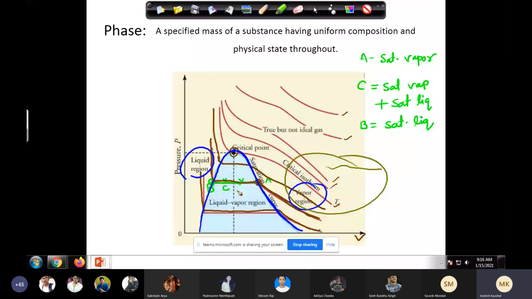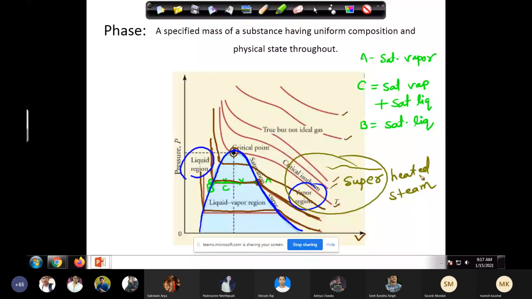Once you cross this saturated vapor point, and you further increase the temperature or the volume, it's called superheated steam. I hope I am correct and there is no mistake, but when we see the actual steam tables, if there is any mistake, we can correct it. So this is the pressure-volume diagram of a pure substance.